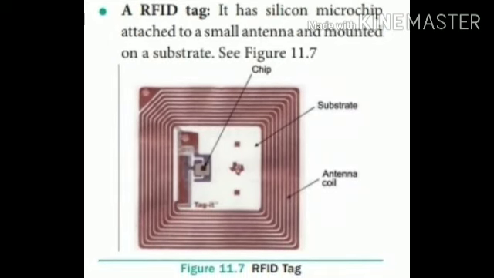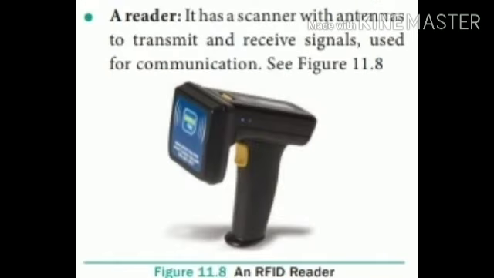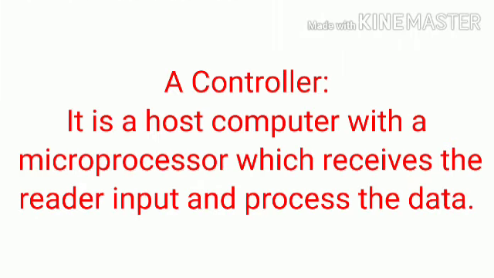The next component is the reader, which has a scanner with antennas, used to transmit and receive signals for communication. A controller has a computer with a microprocessor, which is used to receive the reader input and process the data.